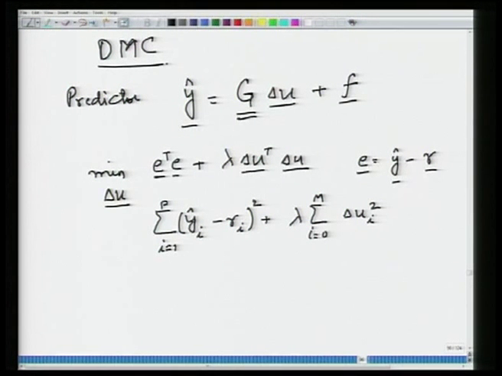Okay. So, this is my objective function, and I am trying to figure out what my delta u should be such that this objective function is minimized.